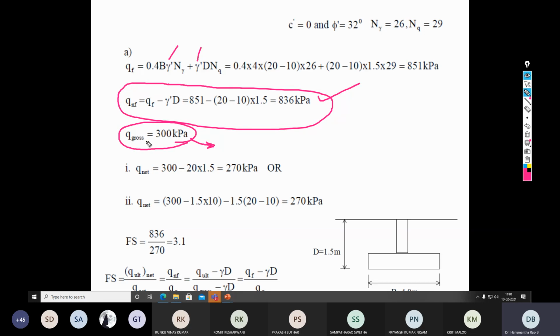So there you are accounting for the gross column load. You don't account for change in the soil weight, whether water table or no water table doesn't matter. So that's why I have simply taken the total gross weight. Net means gross minus gross.